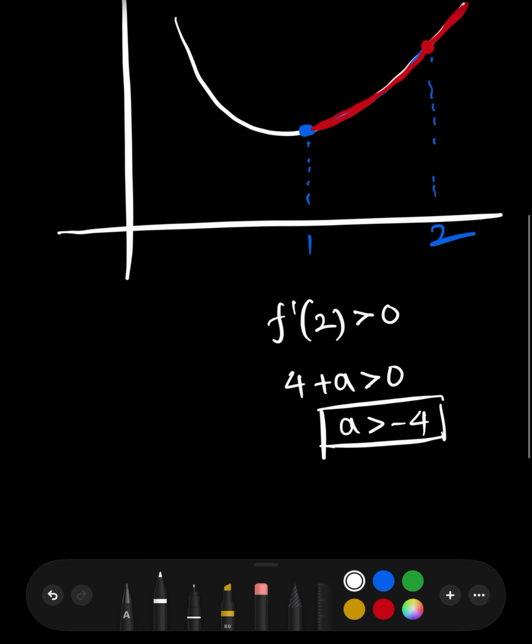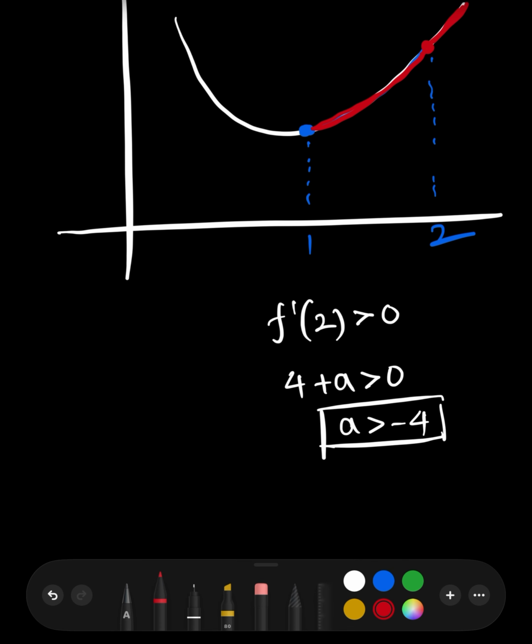Now move on to the very important condition. It is given clearly that it is strictly increasing in between 1 and 2. So at 1 there will be two possibilities for this curve. If you observe the graph, there will be two possibilities.